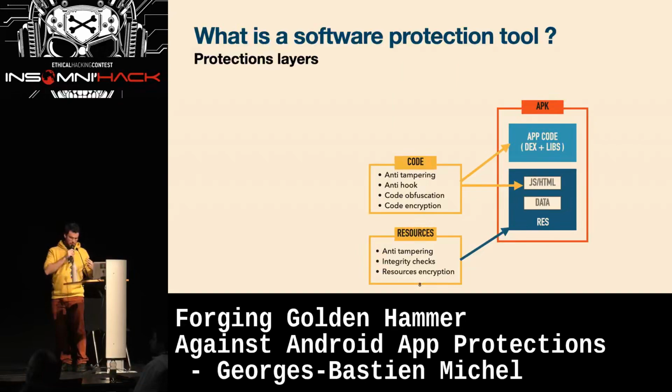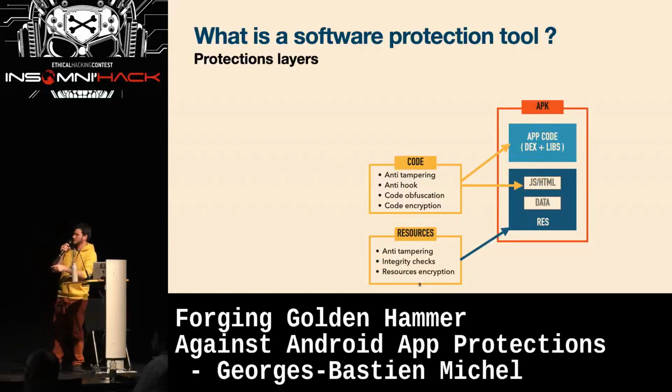As resources are flat files, they are mainly protected by integrity checks. Not only checks provided by the Android API, but also custom integrity checks done with a random file and custom CRC32 checksum at runtime. A lot of SPTs also perform encryption of such resources and decipher them at runtime.